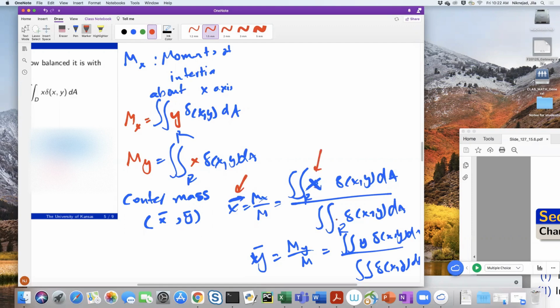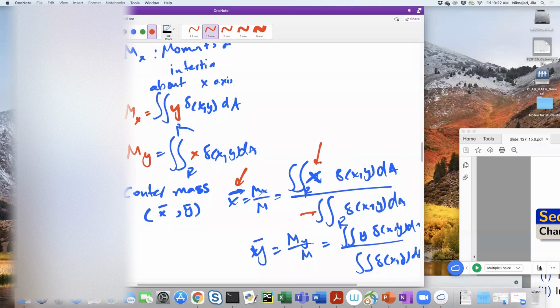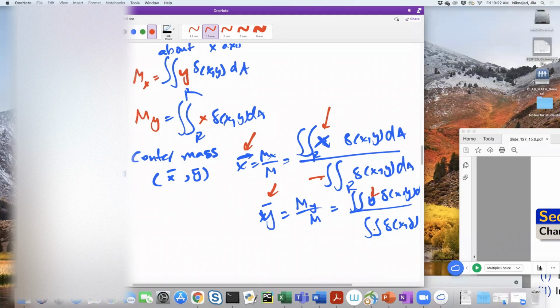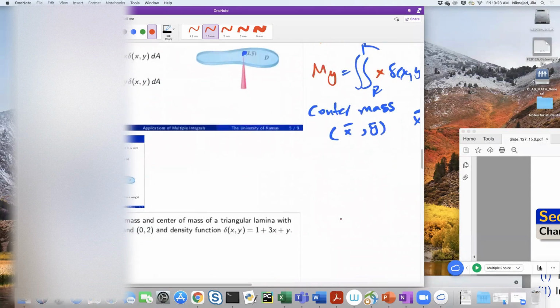And so you have to get rid of the mass part of it. See, the density function was helping you to average. You have to divide by that density function, and divide by the mass because you used the density function. And for y, you're averaging out y's, and you're dividing by the mass. So that's the part that takes the density function effect out. It's just averaging out y. And so that's the story.